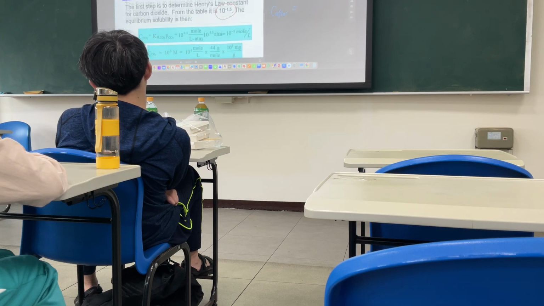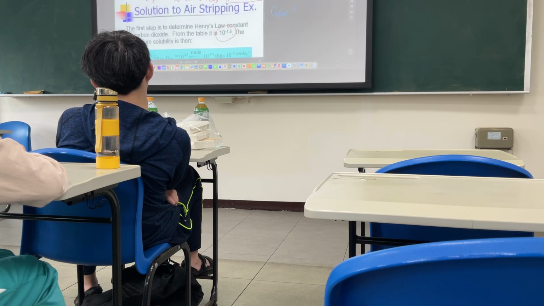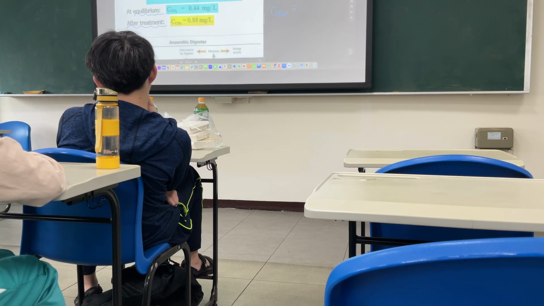Because the question mentioned the tower lowers the level to twice the equilibrium value, it's going to be 0.44 times 2. So the answer will be 0.88 milligrams per liter after treatment.